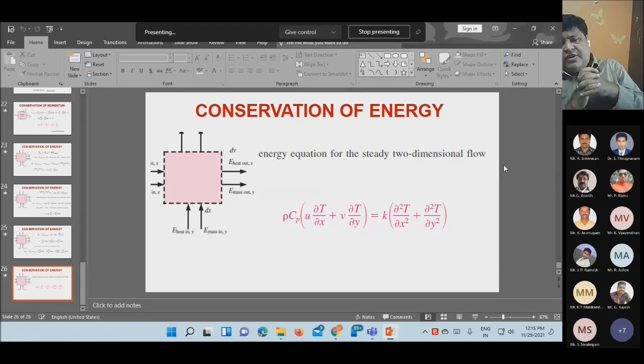The local terms tell you that the correlation is applicable only for a particular length in the case of a flat plate or a pipe, not for the entire length of that domain. For the entire length of the domain, you have to use the average value.